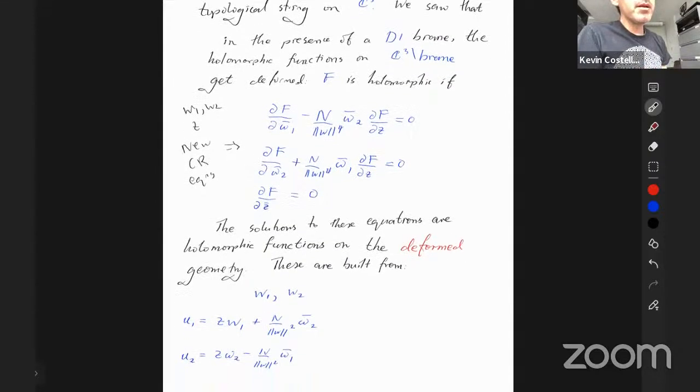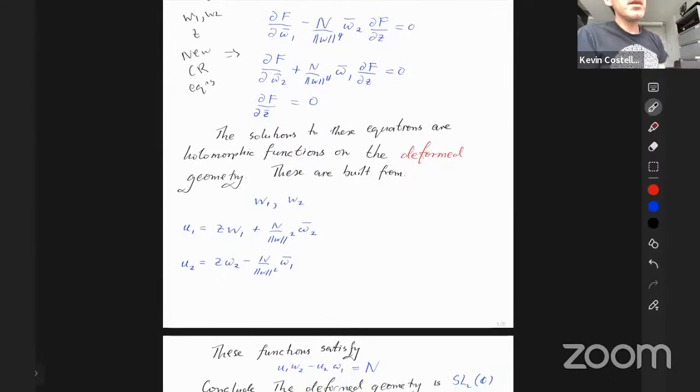Let's go up a little bit. If we look at the equation, nowhere in the equation is there a d by dw1.